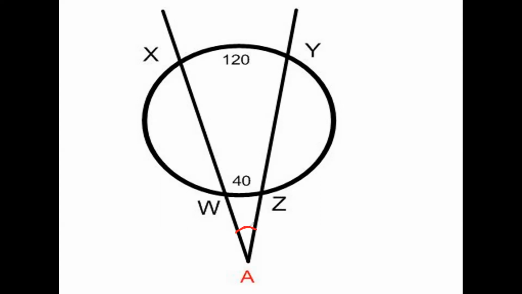Itong angle na to. Para malaman natin ang measurement ni XAY, alamin lang muna natin sino yung mga intercepted arc. The intercepted arc ay yung mga arc na nasa loob mismo ng bibig ng angle. Those are arc XY and arc WZ.